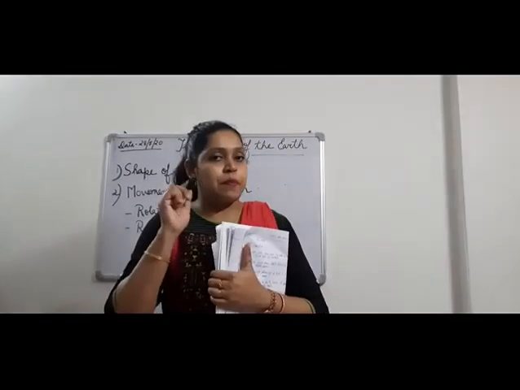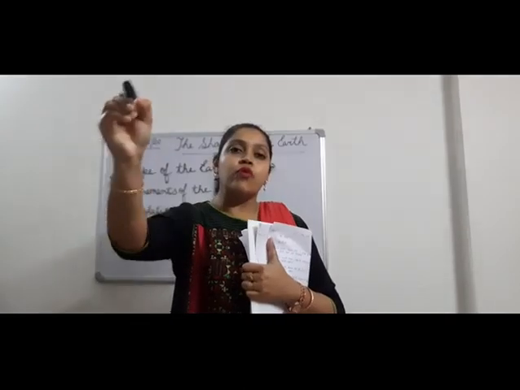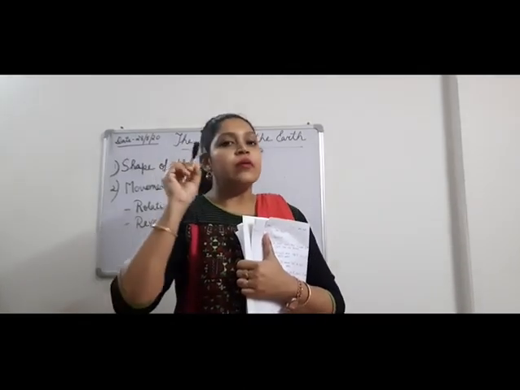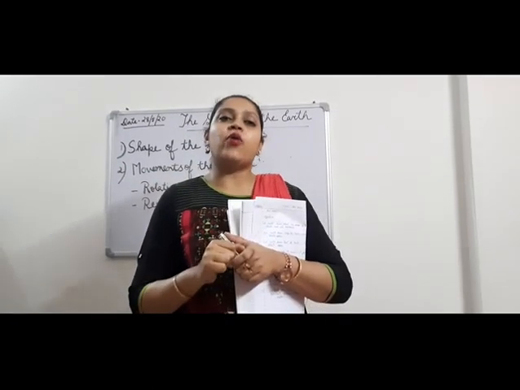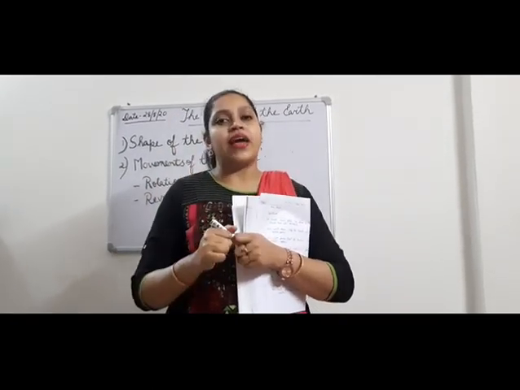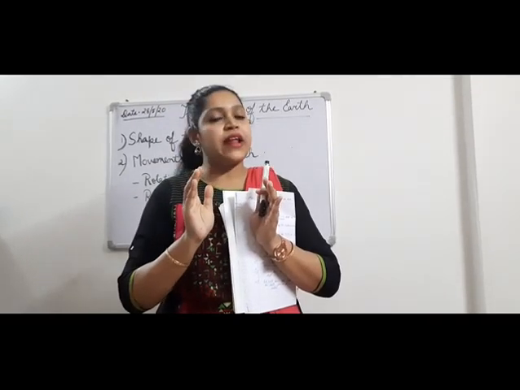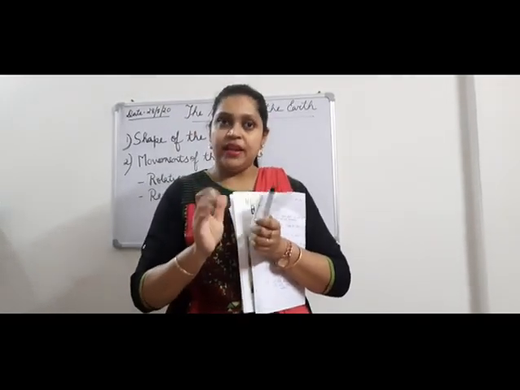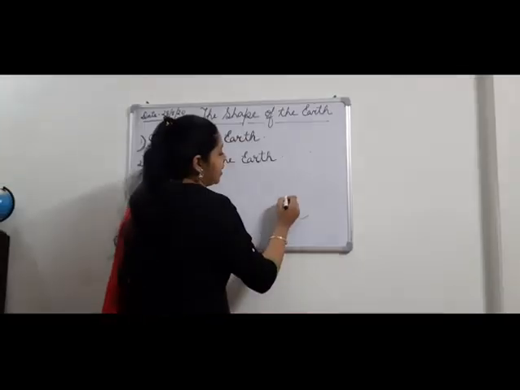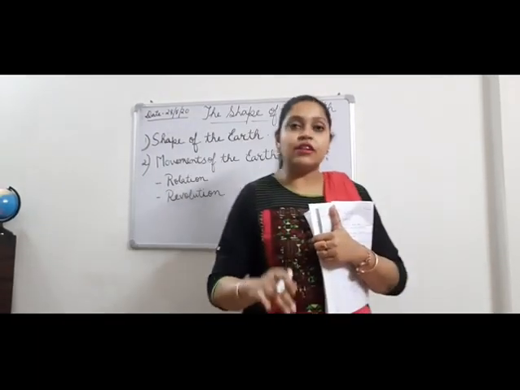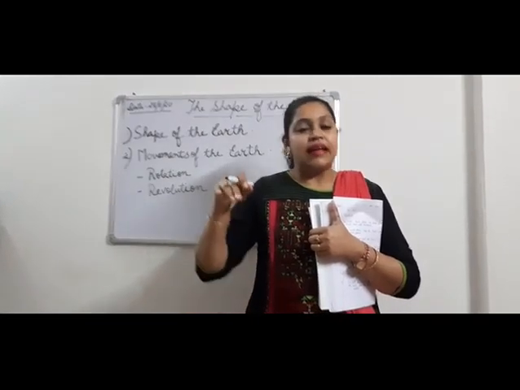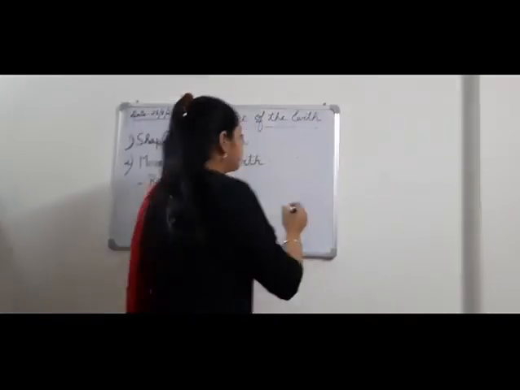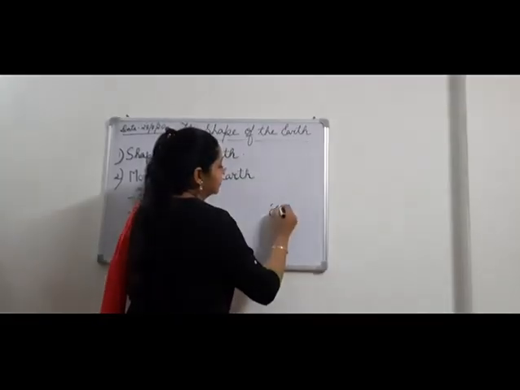He told that planets don't move around the sun in circles, but in the shape of an egg. What is the shape of an egg? Oval. So all planets, remember the earth where we stay is also a planet.